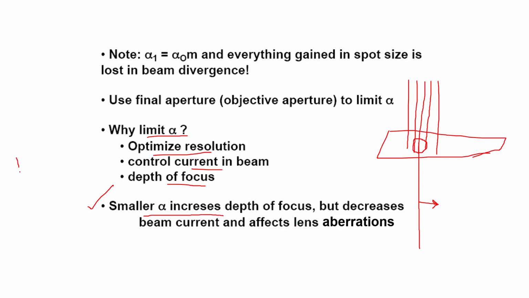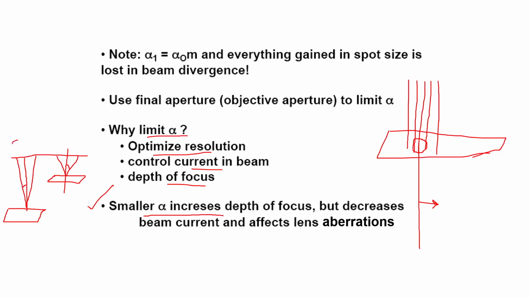Smaller alpha means I have these two beams. This is my specimen. These both initiate from the same point. In this case, my convergence angle is this, and in this case, my convergence angle is this.